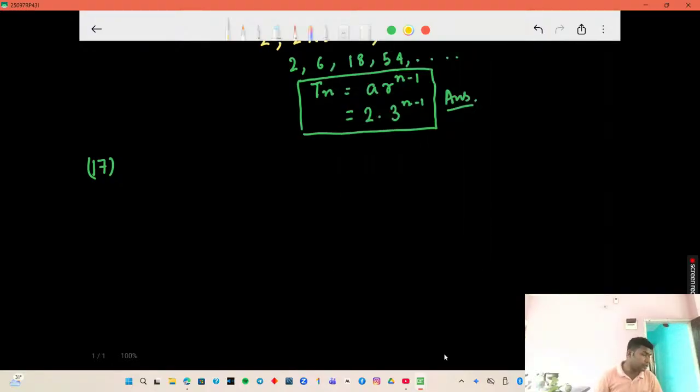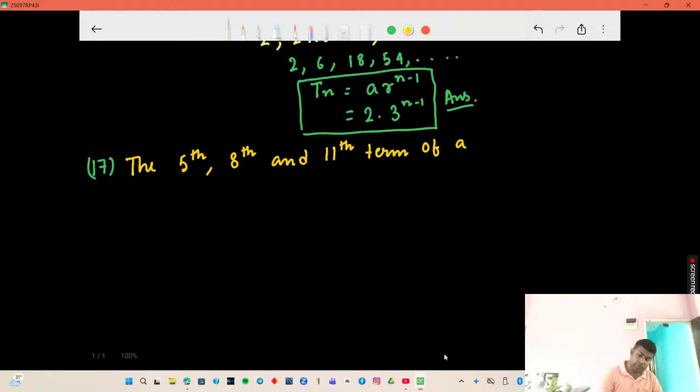Question number 17 is given as: the fifth, eighth, and 11th term of a geometric progression are P, Q, and R respectively.